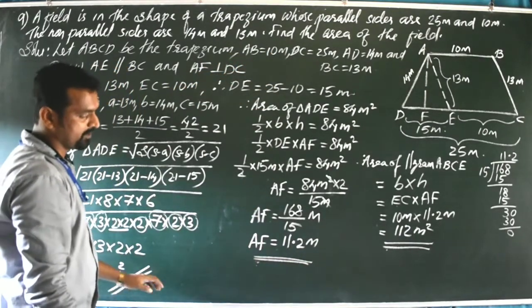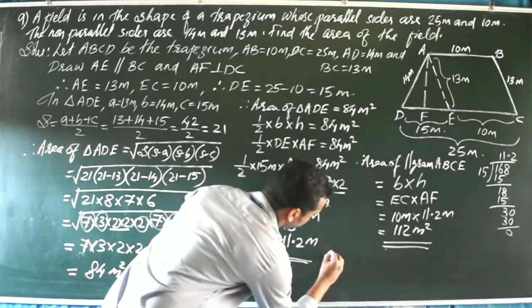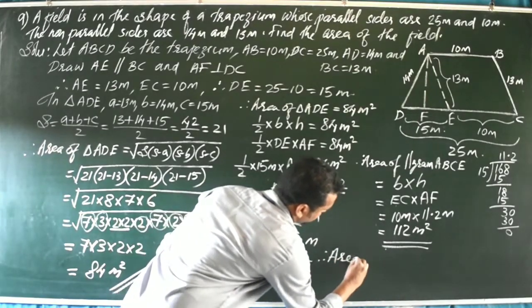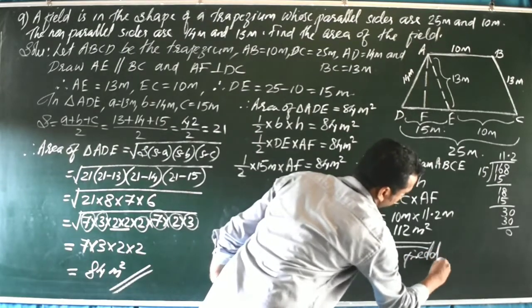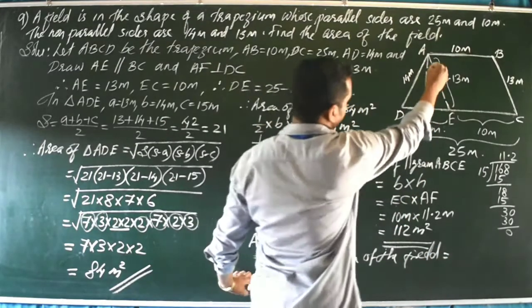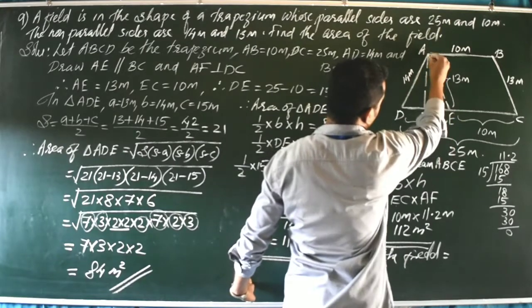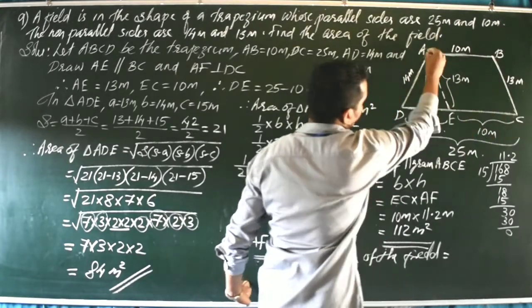Therefore area of the field is equal to area of triangle ADE plus area of parallelogram ABCE.